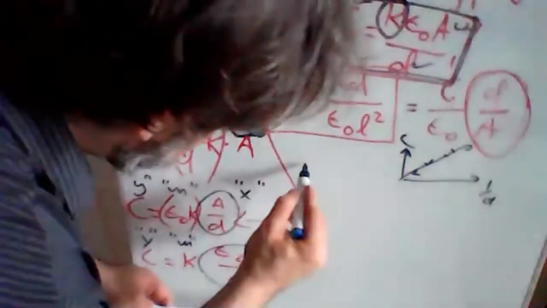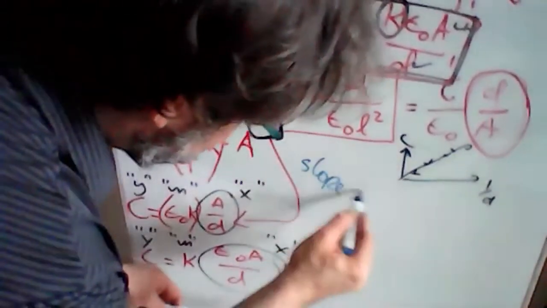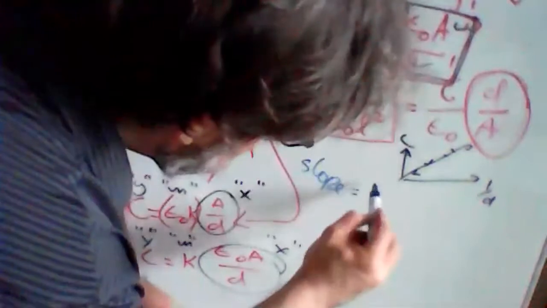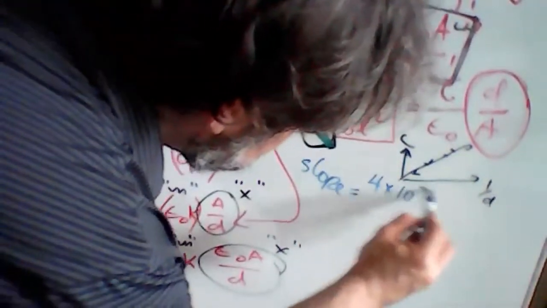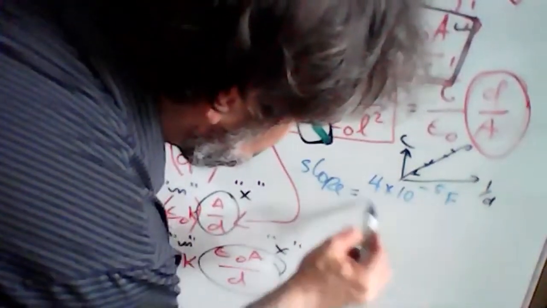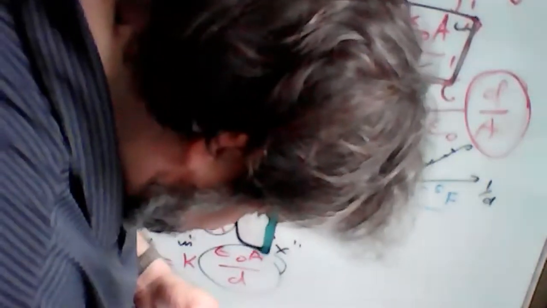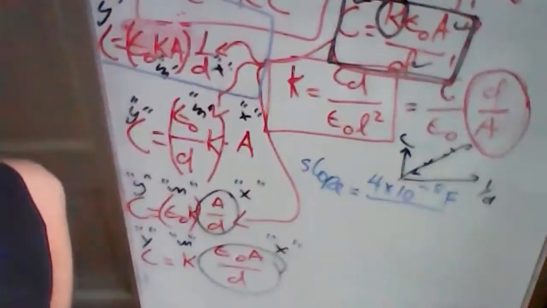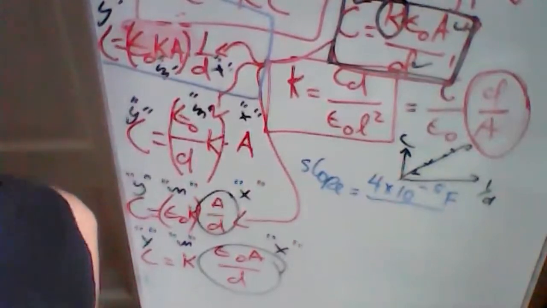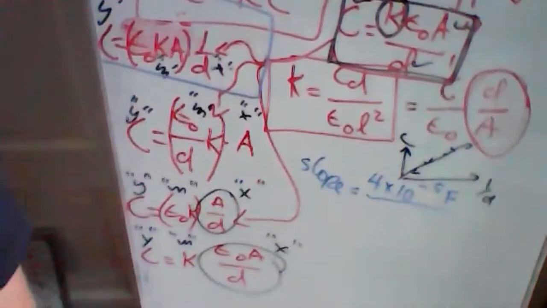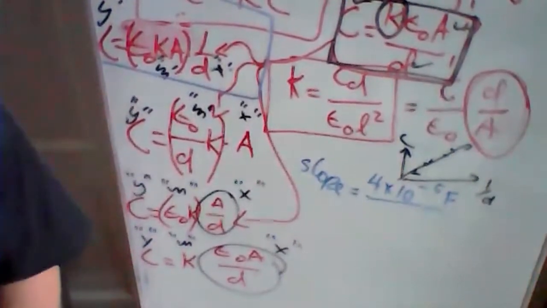So slope is equal to 4 times 10 to the minus 5. Is that a 5? Hang on. No, it's not.